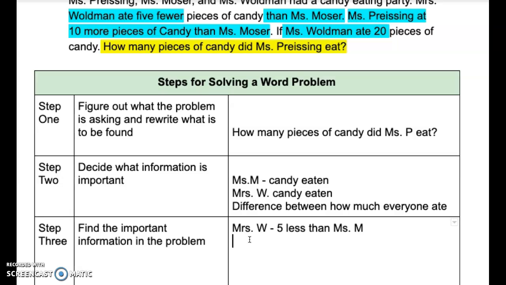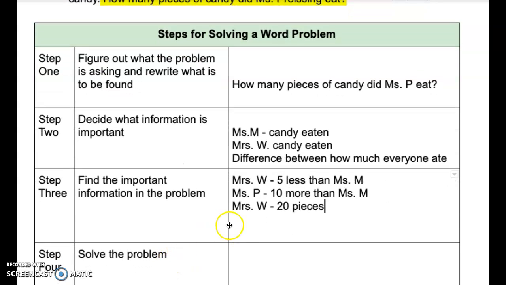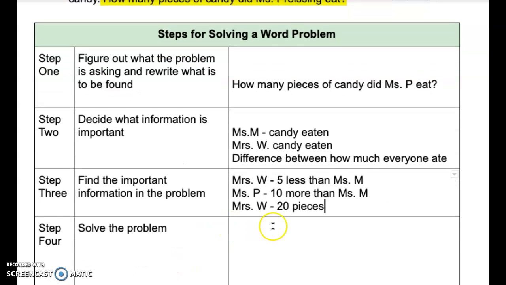Okay, and then the next thing, it says Miss P, Miss Pricing is 10 more than Miss Moser, which is not surprising because I love candy. And last, we know that Mrs. Woldman, or Miss W, ate 20 pieces. So we figured out what we thought was important, and then we put it into our chart, okay? So let's move on to the next part.